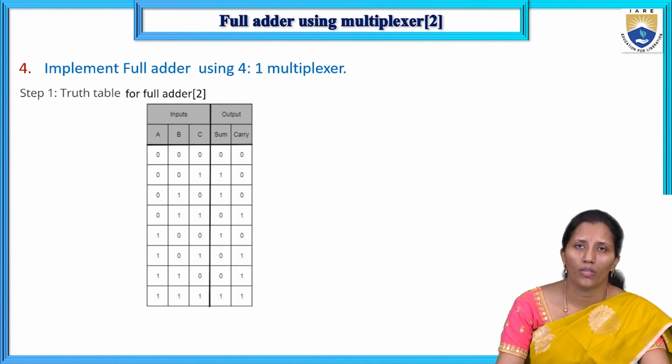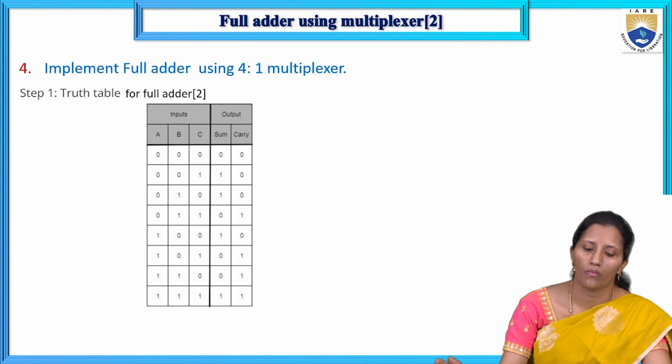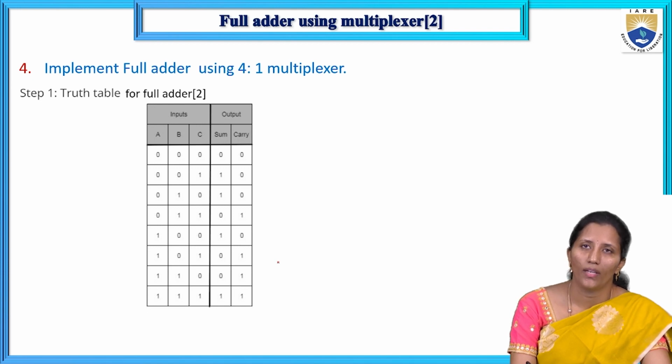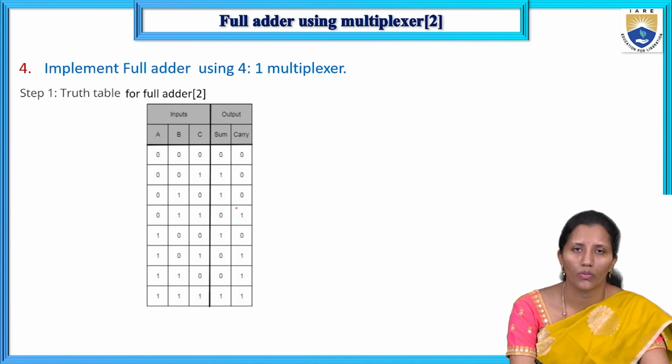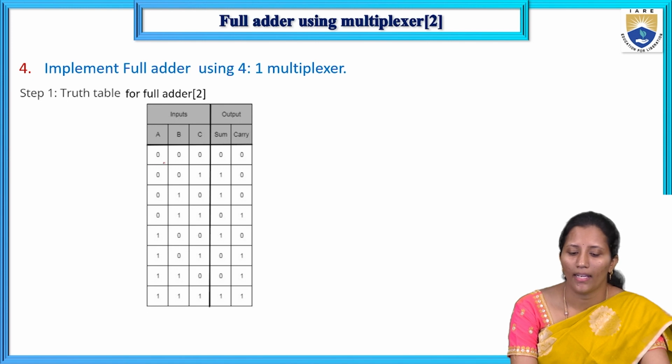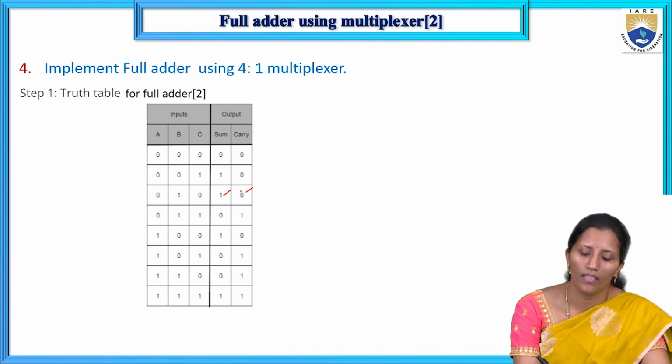Now, implementation of a full adder using a 4:1 multiplexer. First we have to write the truth table of the full adder. A full adder consists of 3 inputs: A, B, C are the inputs, and sum and carry are the outputs. By adding 0, 0, 0, we get sum 0, carry 0. For 0, 0, 1, sum 1, carry 0. For 0, 1, 0, sum 1, no carry. For 0, 1, 1, we get sum 0, carry 1.